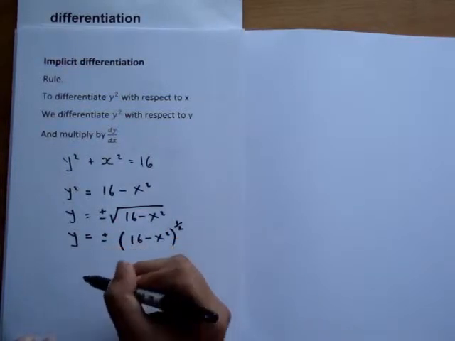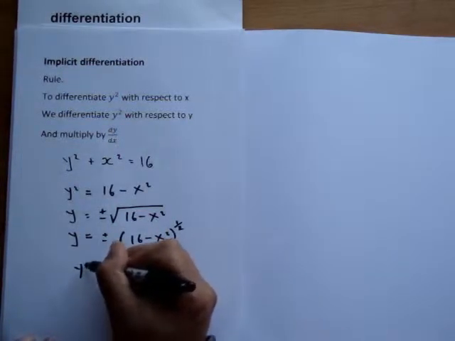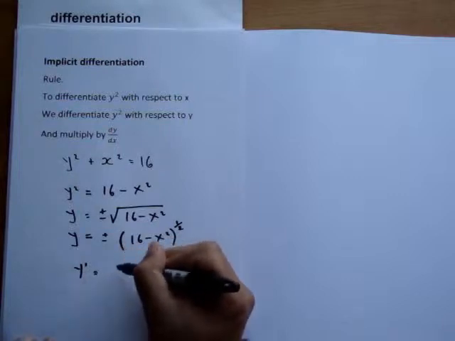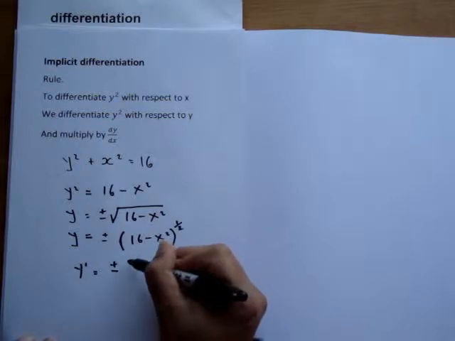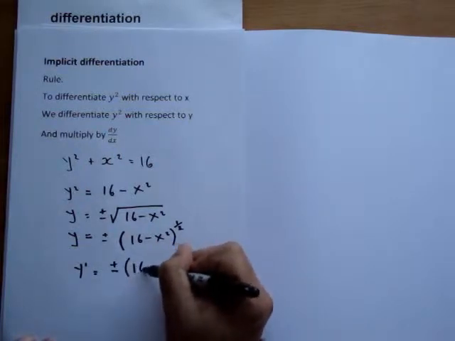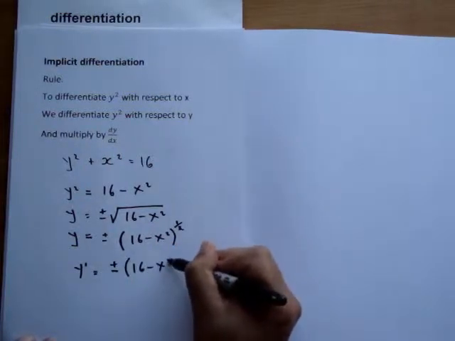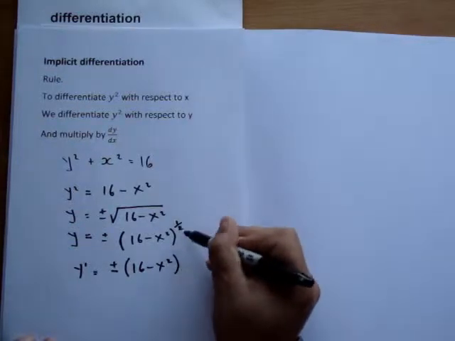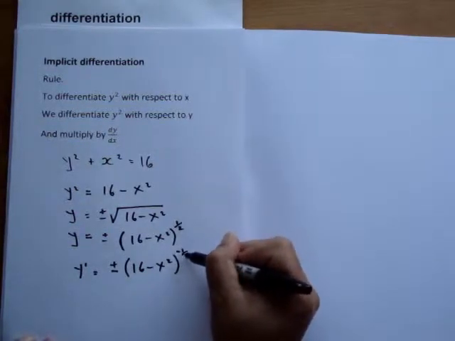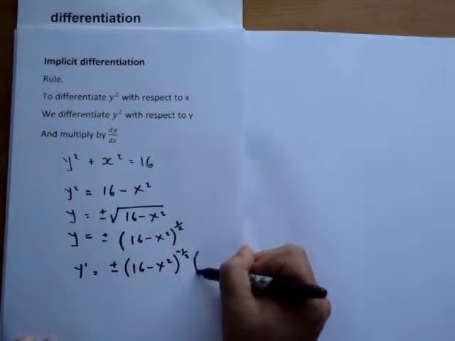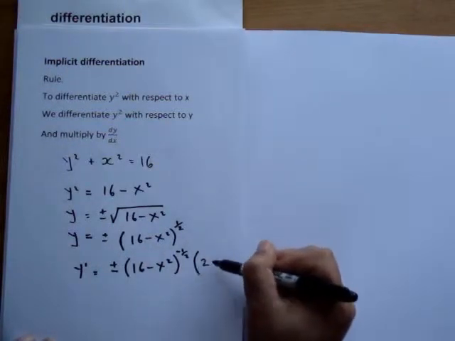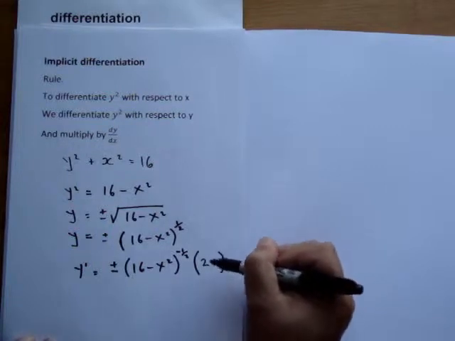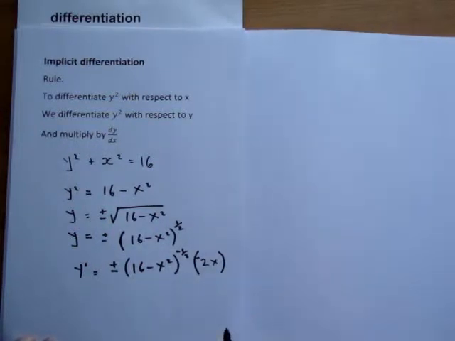So we have y prime equals plus or minus, 16 minus x squared, take away 1, becomes a minus half, and then multiply by, differentiate what's in the bracket, which is minus 2x.